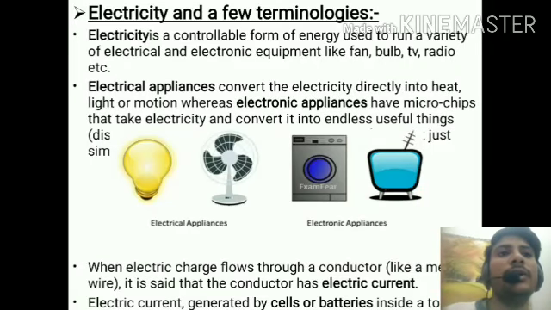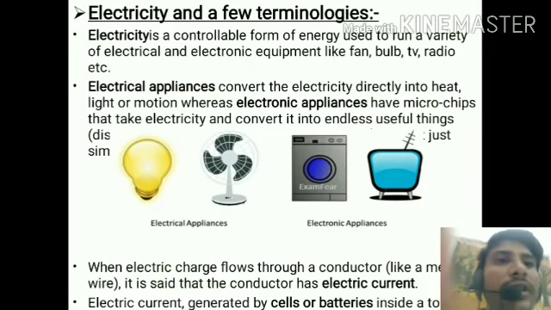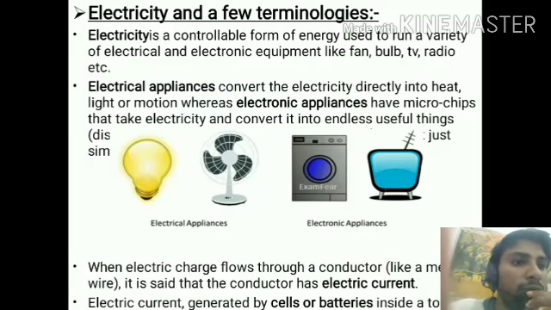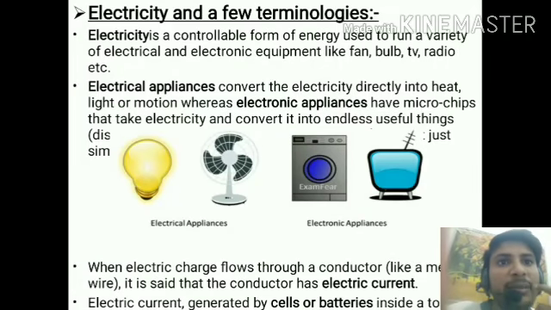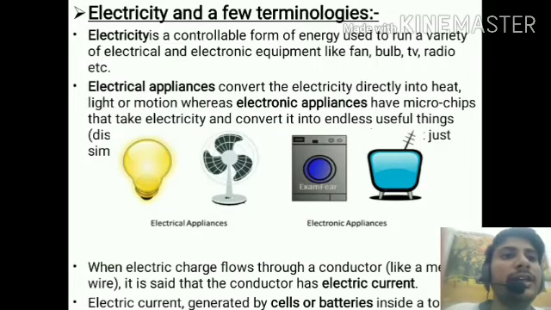Electricity is a controllable form of energy used to run a variety of electrical and electronic equipment like fan, bulb, TV, radio, etc. Electrical appliances convert the electricity directly into heat, light, or motion, whereas electronic appliances having microchips take electricity and convert it into endless useful things.